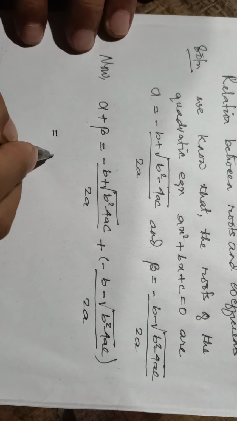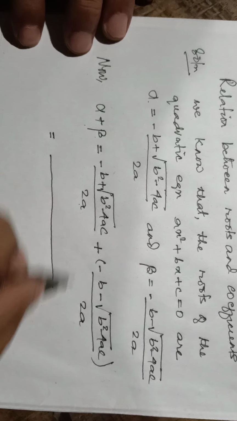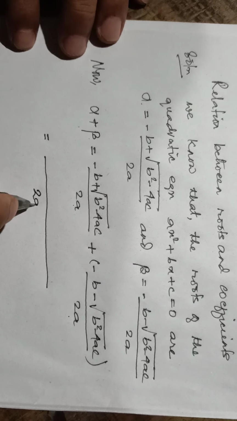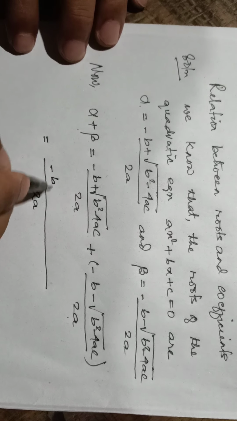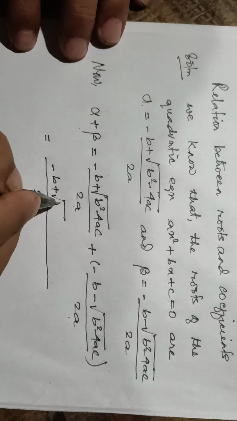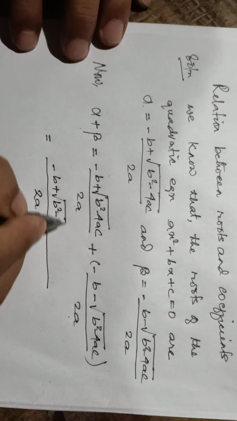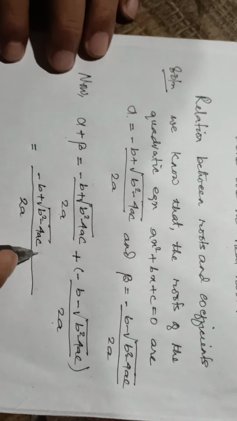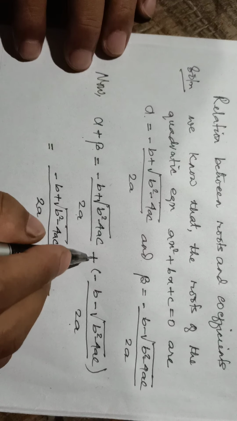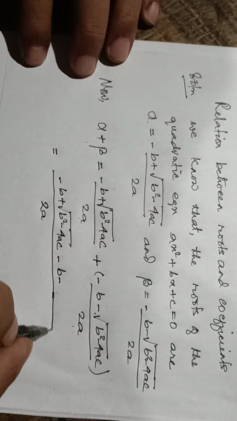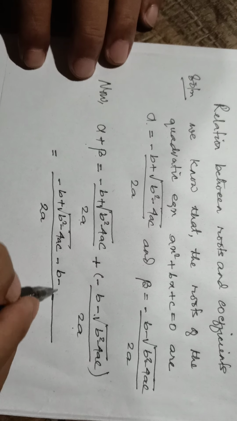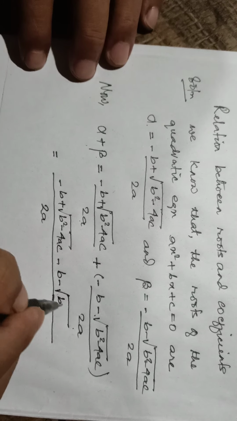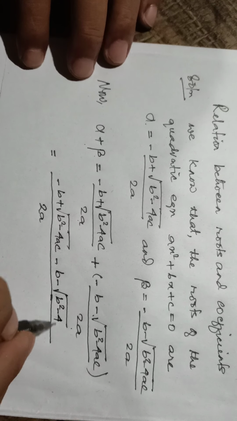Then take the LCM. The LCM of 2a and 2a is 2a. Then −b + √(b² − 4ac), plus −b − √(b² − 4ac).